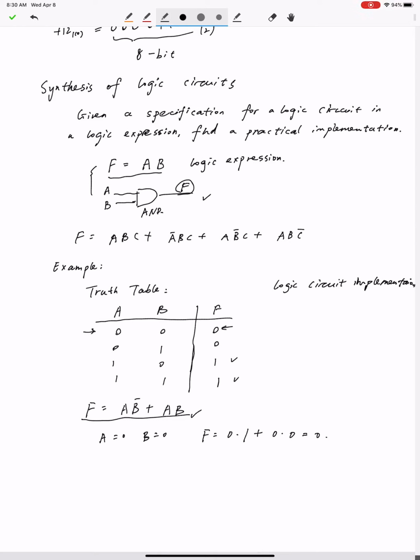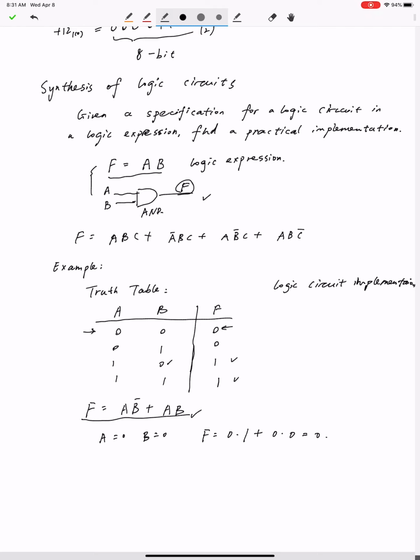In this case, we have 0 in B, which means we have B bar in the logic expression. Okay? So that's how we find the logic expression according to the truth table.